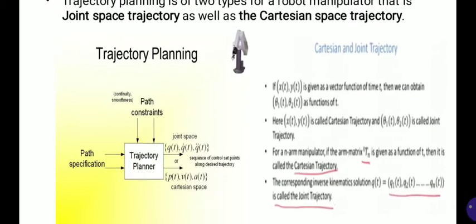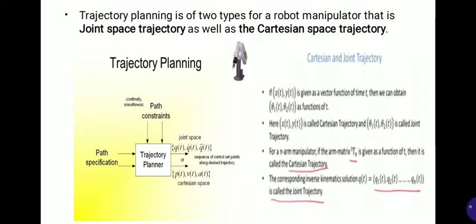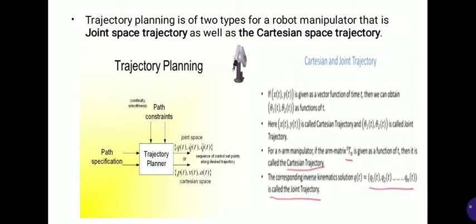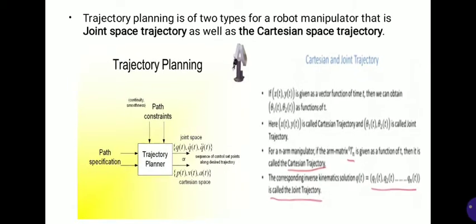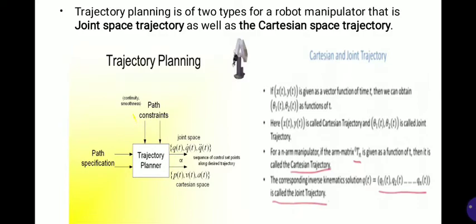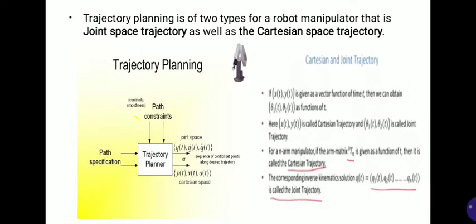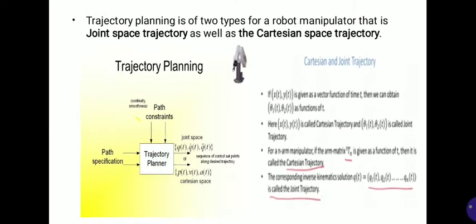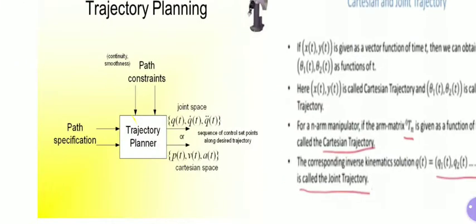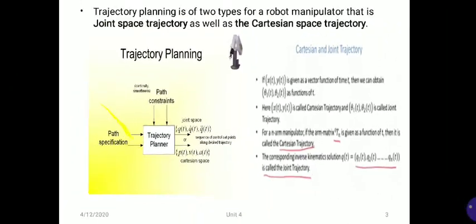In joint space trajectory, we are considering the angle of rotation, that means the position, velocity and acceleration are functions of theta with respect to time. But in Cartesian space trajectory, you have linear displacement, linear velocity and acceleration. These are nothing but functions of time.